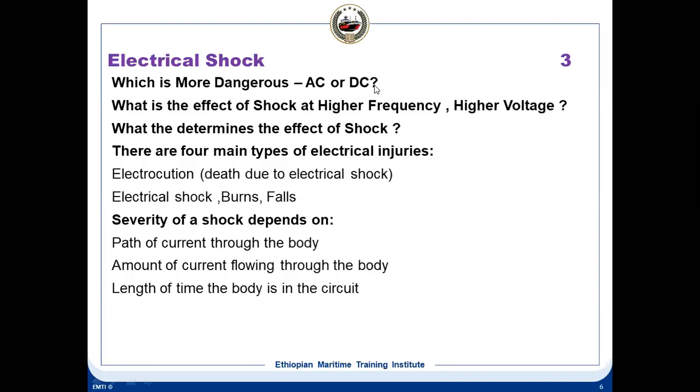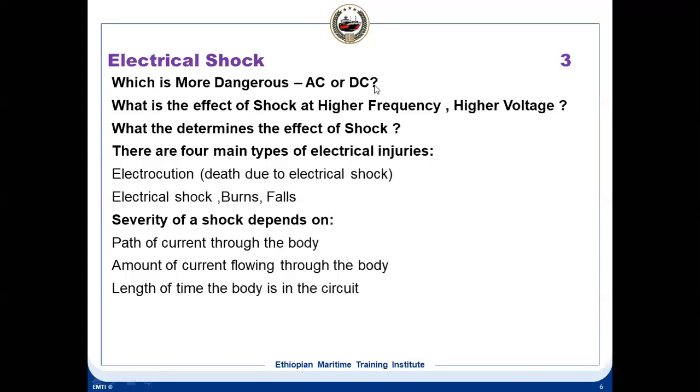See, in case of a DC circuit, current is equal to V by R, but in case of an AC circuit, current is equal to V by Z. In a DC circuit, current means voltage divided by resistance. But in an AC circuit, current equals voltage by Z. Z is a combination of inductance, capacitance and resistance. It's the total impedance. So in case of inductive circuits, let's say you have 50 hertz frequency.